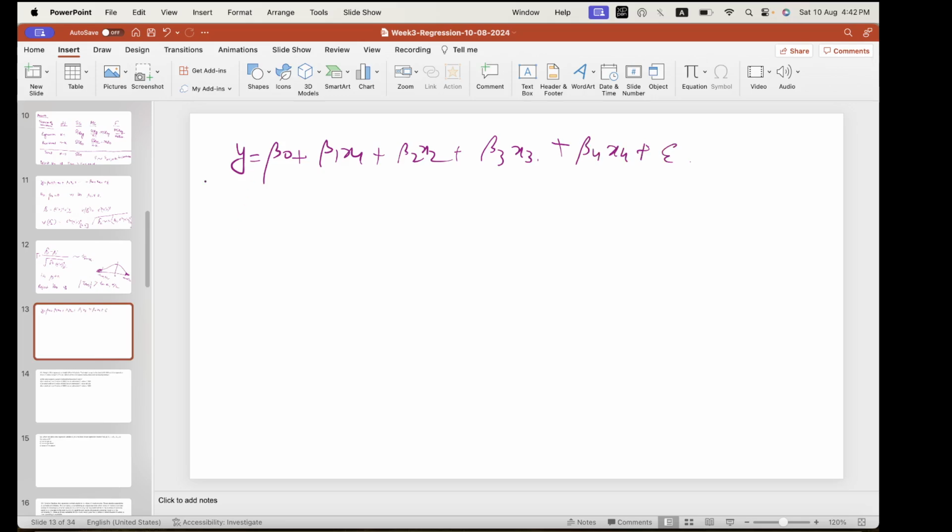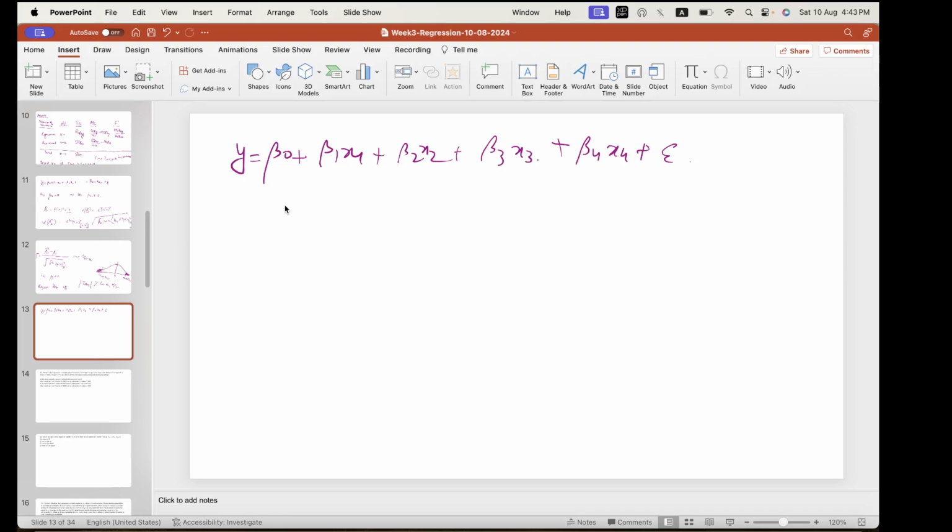Okay, so you can test all of them together. That would be your testing for the significance of the regression. You can test for individual parameters that would assess how suitable each of the predictors is in predicting your response variable.